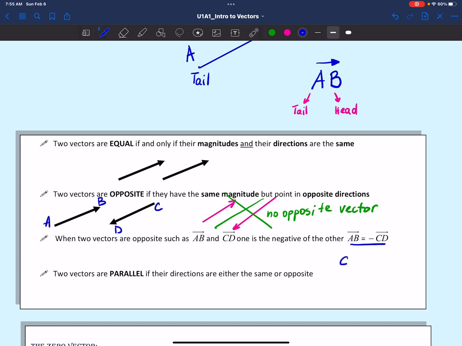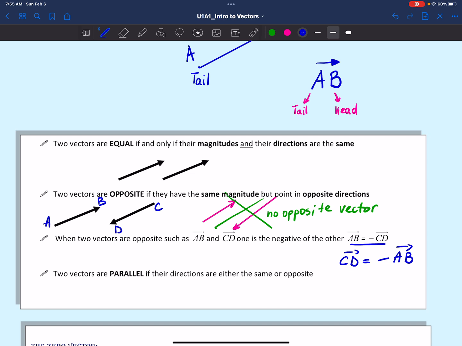Similarly, we can also say that vector CD is the opposite of vector AB. So if you are reading a problem and it says that you're given two opposite vectors, you would immediately know that these two vectors must have the same magnitude, okay?